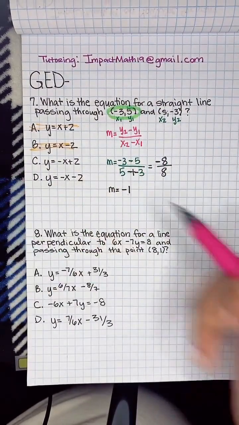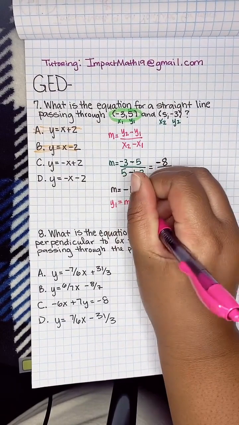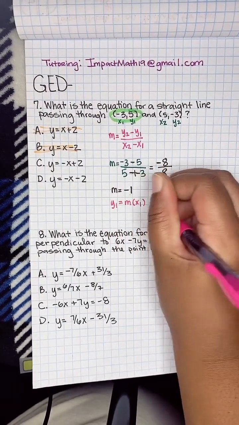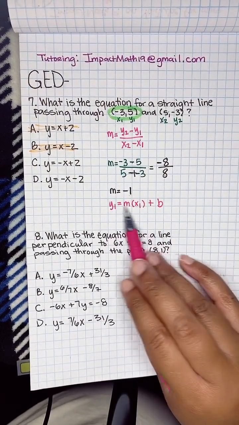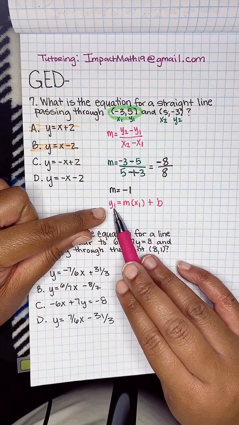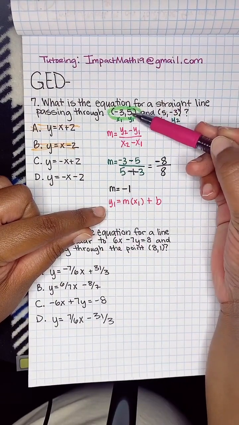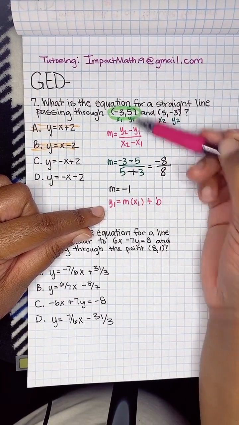What you're going to use is y1 equals m times x1 plus b. This is called the slope-intercept form. Why I'm writing y1 here is because I want you to understand that I'm replacing y1 with 5.